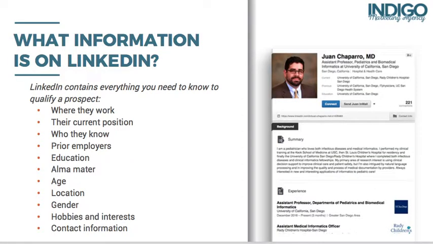So what information is on LinkedIn? Well, there's more information about a person's qualifications as an investor on LinkedIn than on any other social media platform. And that's why it's so valuable and so important to us.